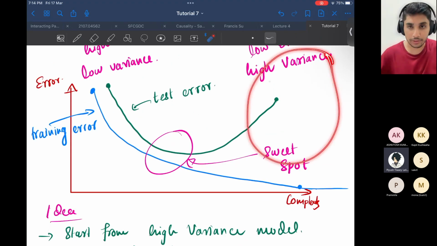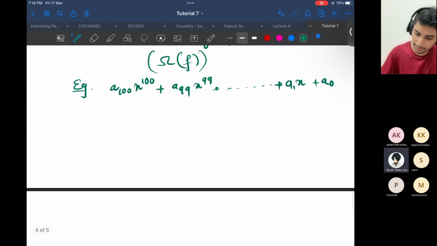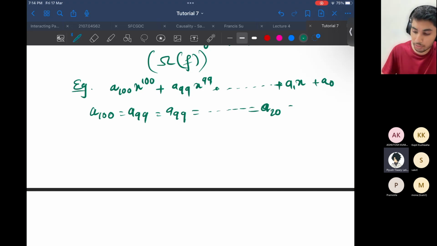As I said, we are in this region now, the high variance, low bias region. Now I am increasing my bias. What is one way to increase the bias of my model? Would you agree that if I make a100 equal to a99 equal to a98, till let's say a21, equal to 0, my function eventually would become what?